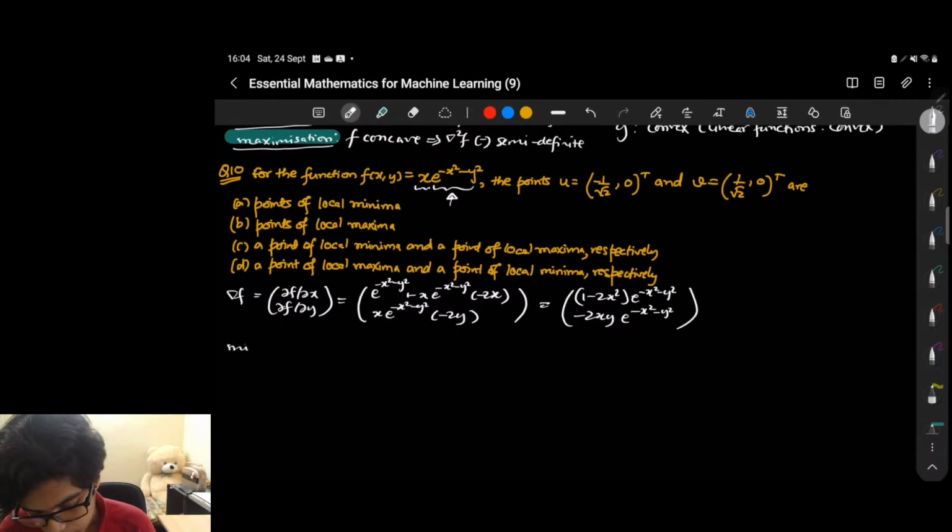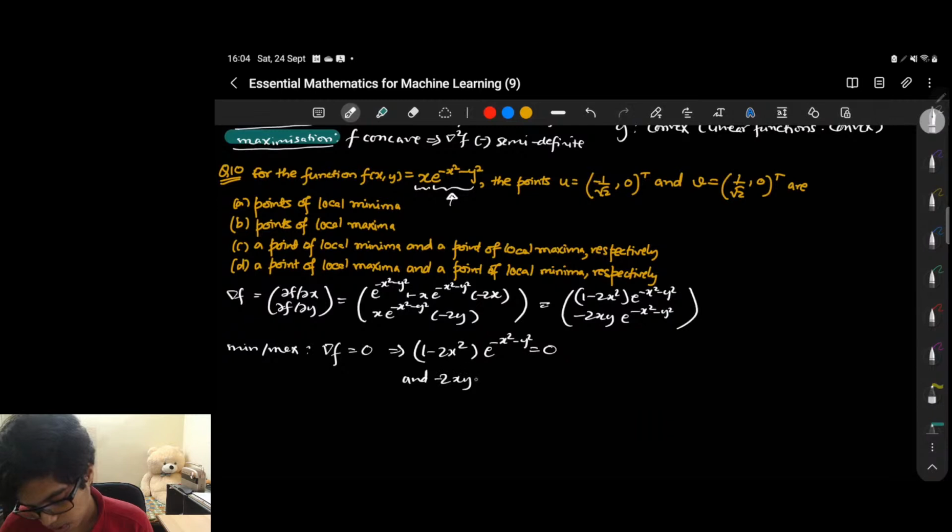And for minimum or maximum, gradient of f needs to be equal to 0. So this implies that both del f by del x and del f by del y need to be equal to 0. And so from this, we get 1 minus 2x squared equal to 0. Why? Because exponential function is never 0.